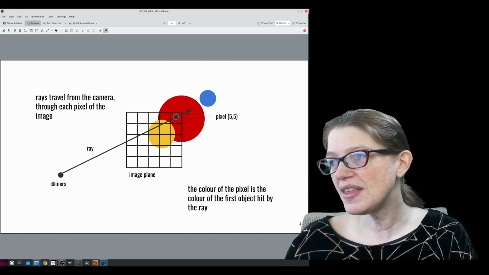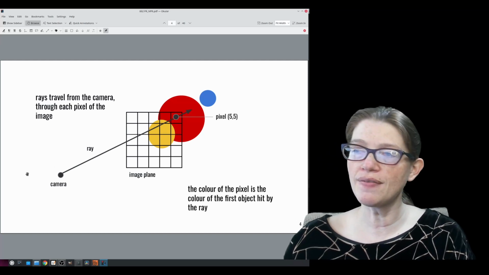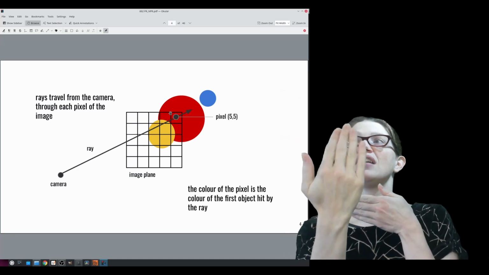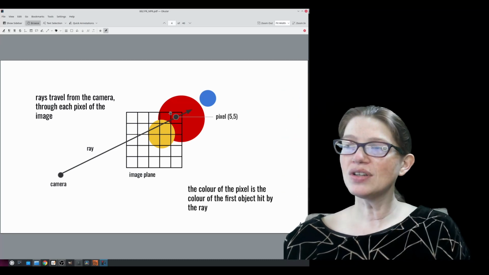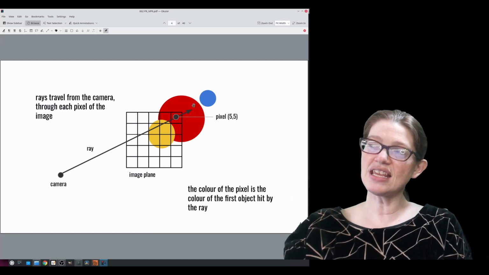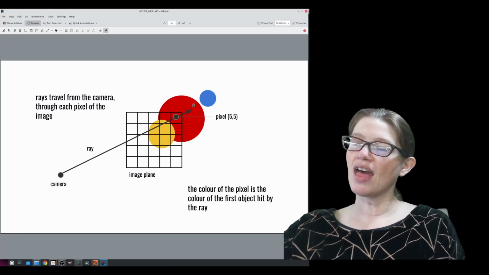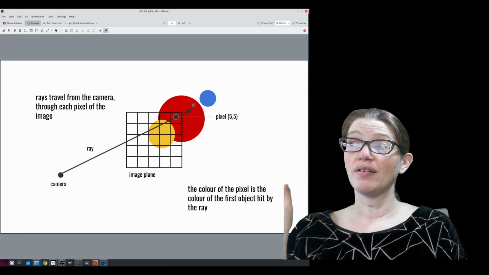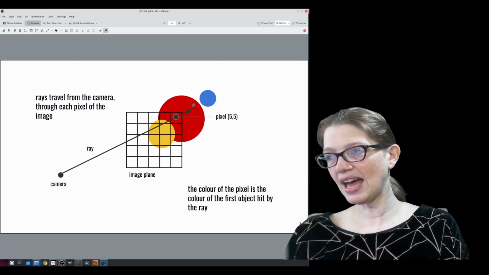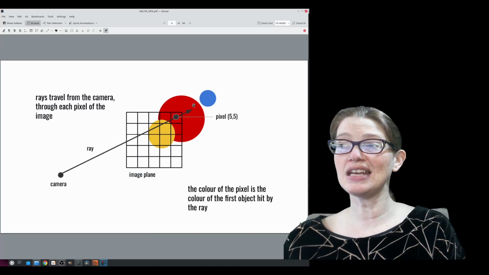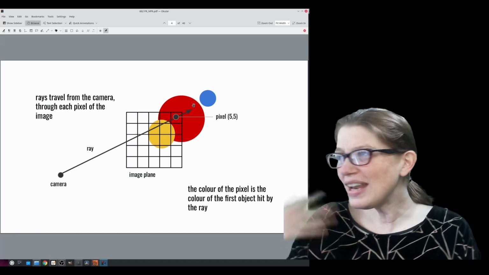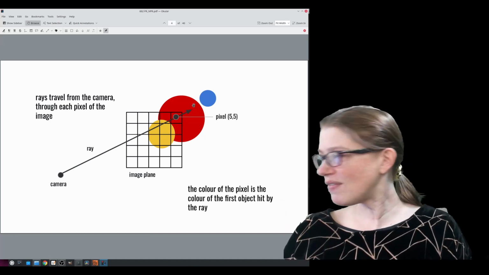We're going to shoot these imaginary light rays out of that camera through a pixel in our image, which sits somewhere in front of the camera. As the ray goes through the pixel of the image and into the scene, we are going to check which object is visible from that ray of light. We have to ask every single object in the scene, does this ray of light intersect you? And if it does, well, what if you intersect multiple things? Well, you can think of it like this.